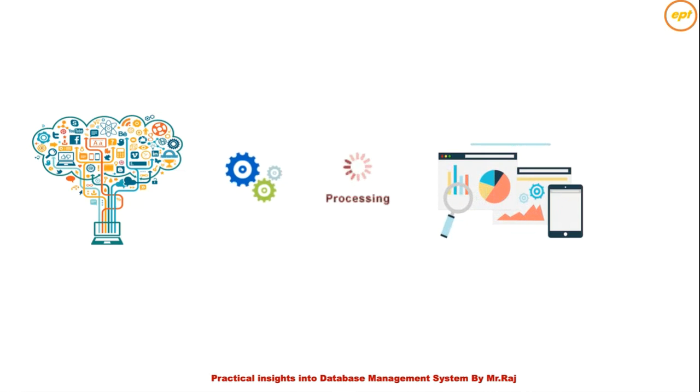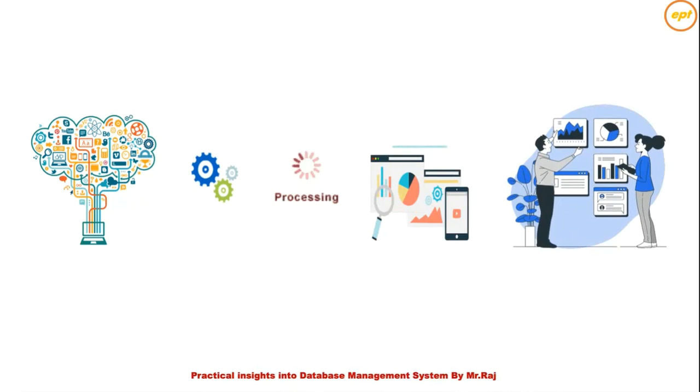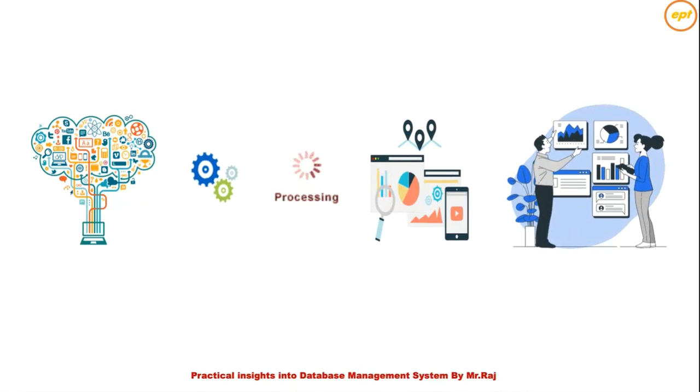It may be in chart format, dashboard format, or normal table data. When you have information with you, it will become easy for you to take business decisions. That is what we have seen so far. Okay, are you able to understand? Tell me, are you able to understand? Yes.